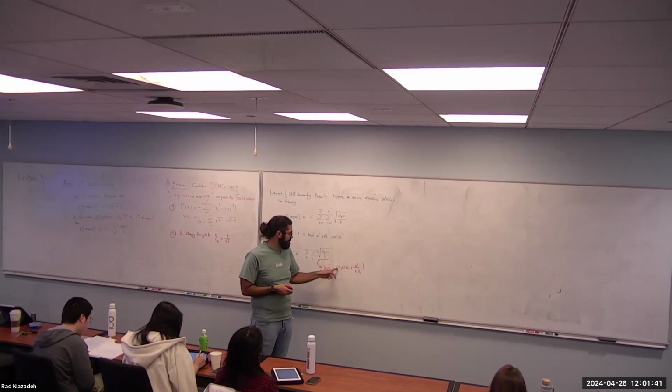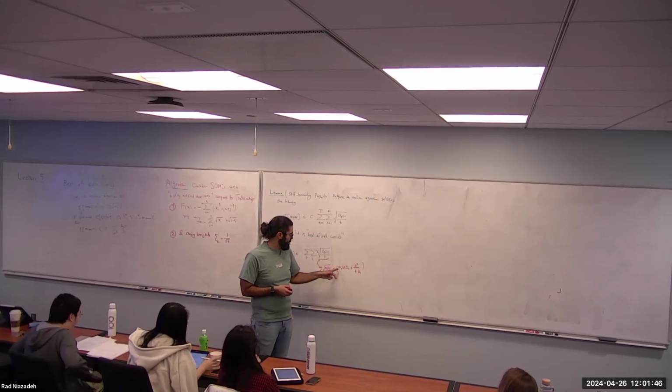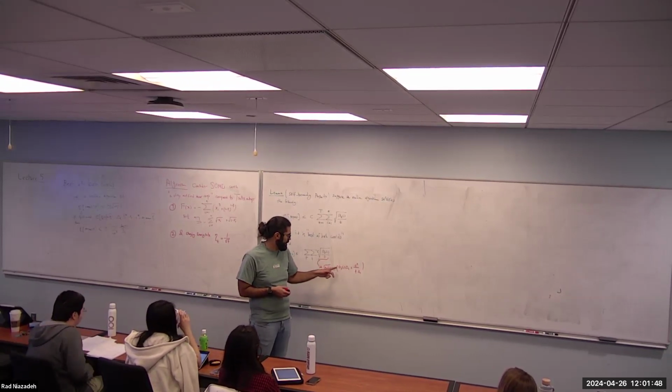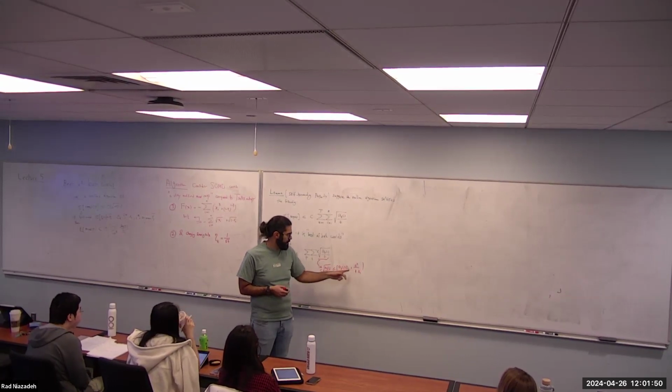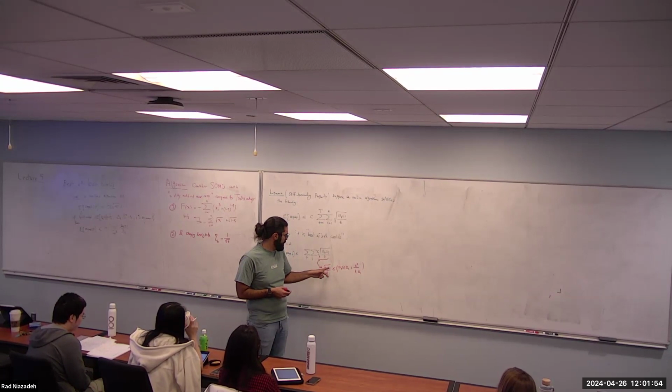You set delta I to be some number, then it gets minimized. And that number is exactly the one that, so the minimum quantity here is actually this, right?